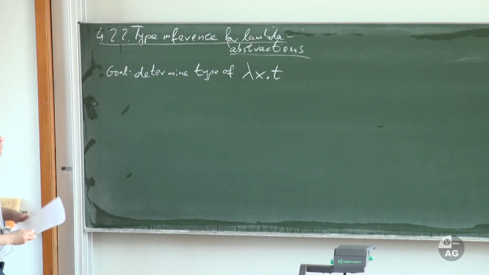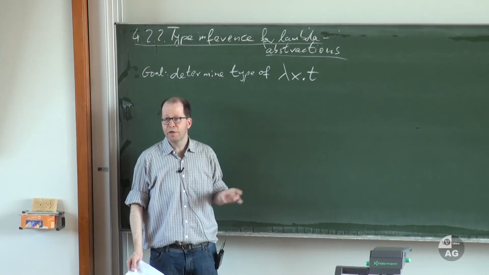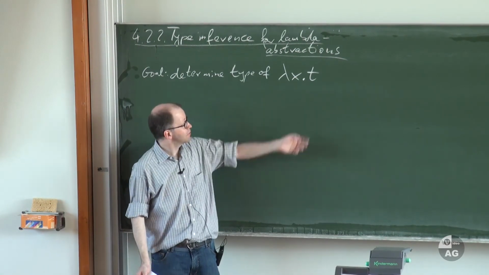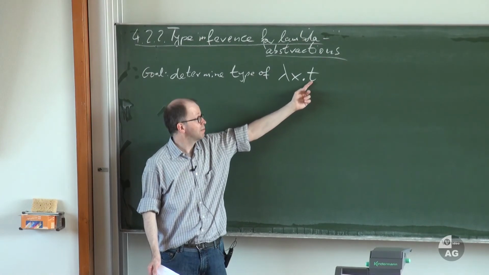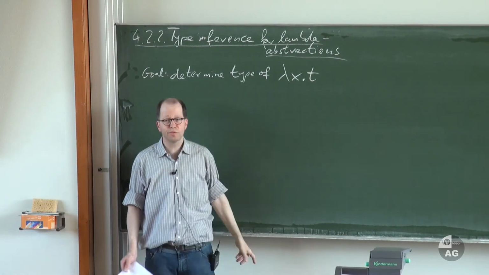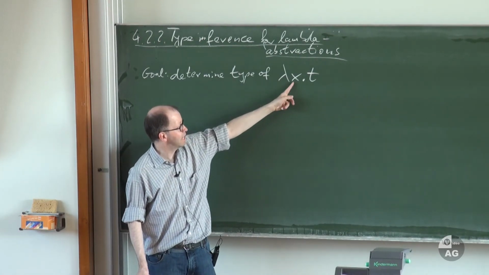And now, of course, what is the idea? How would we do this? Well, the obvious idea is let's first determine the type of t. And then when we have the type of t, it's not so difficult to come up with the type for the whole term. But of course, the problem is that this x can occur in t.